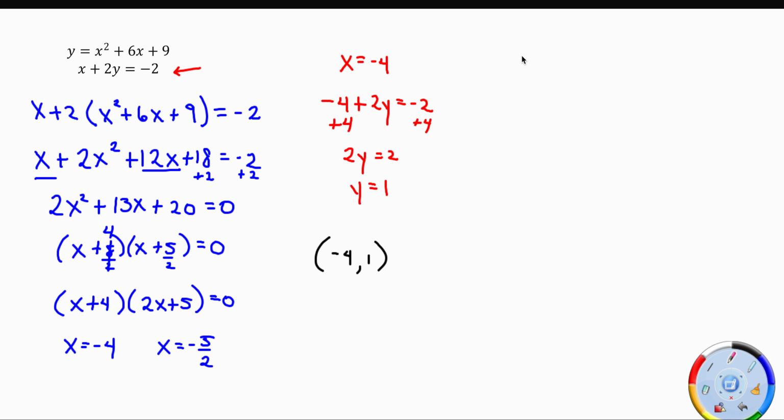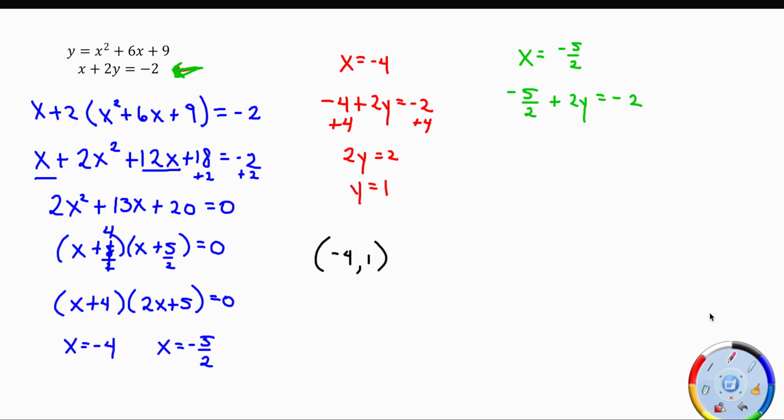Okay, and when x is negative 5 halves, still plugging in to the same equation, negative 5 halves plus 2y equals negative 2.